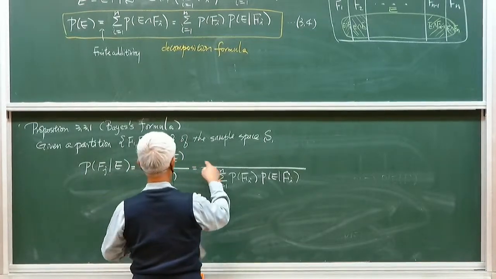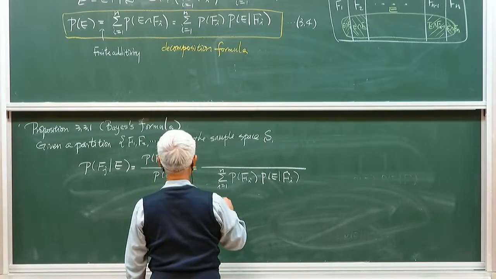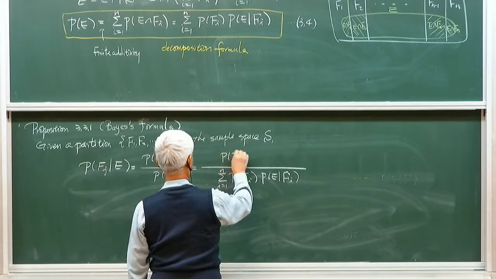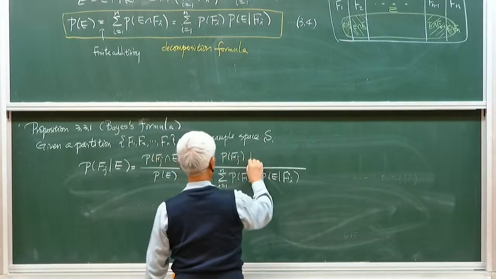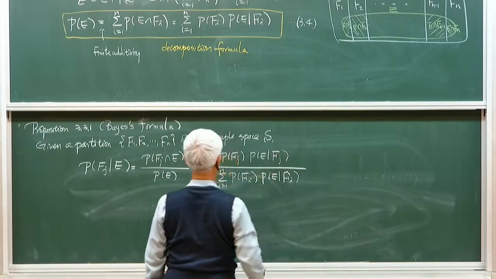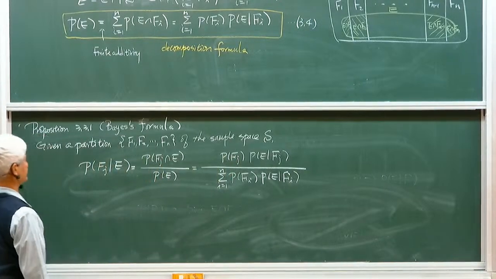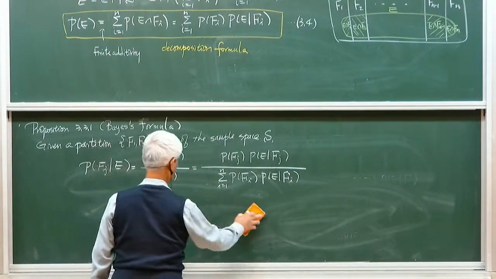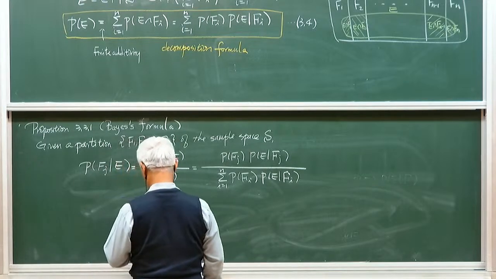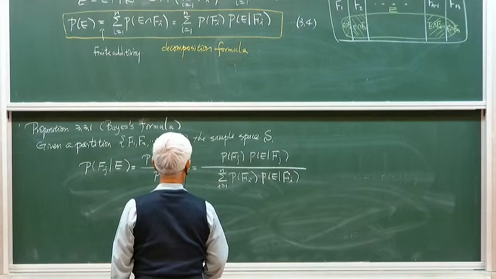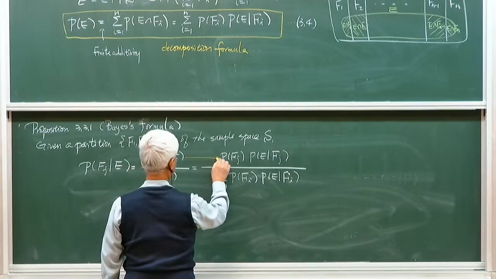For the numerator, by the simple multiplication rule, this is P of Fj times P of E given Fj.